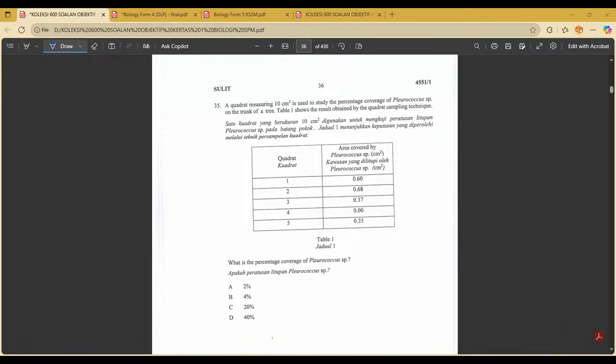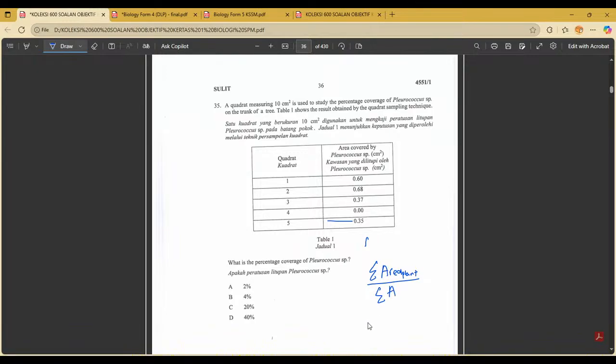Okay, I think it's the total area of plant over total area times 100% because it's in percentage.